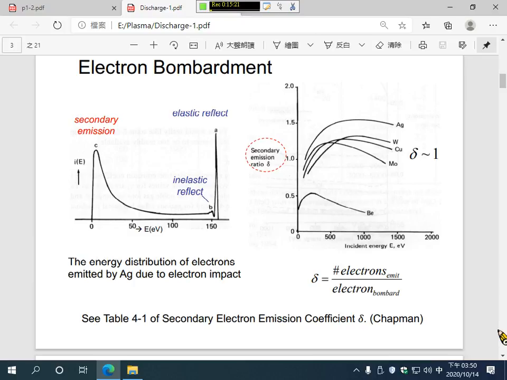Right. So if you use higher accelerating voltage for your E-beam, for example, 10,000 volt of accelerating voltage, you get an E-beam with the energy of 10 kV. The backscattering electron will also have the energy of 10 kV. Okay, so the backscattering electron is caused by the reflection of the electron beam. And secondary electron emission is different from backscattering electron.